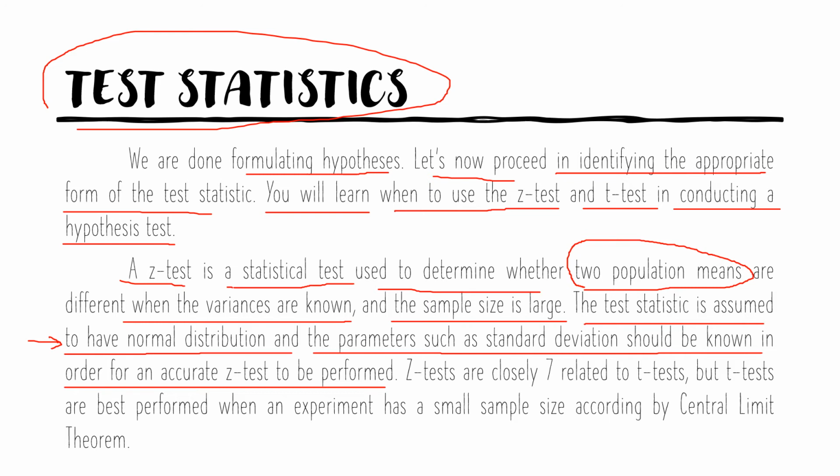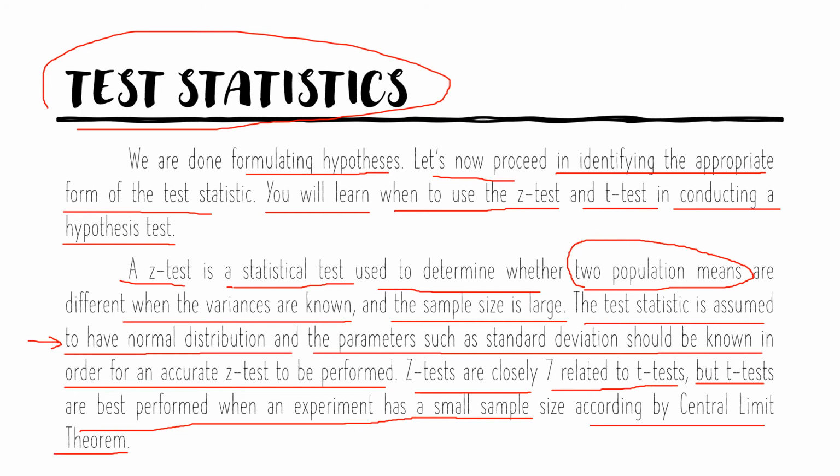Z-tests are closely related to t-tests, but t-tests are best performed when an experiment has a small sample size, according to the central limit theorem.